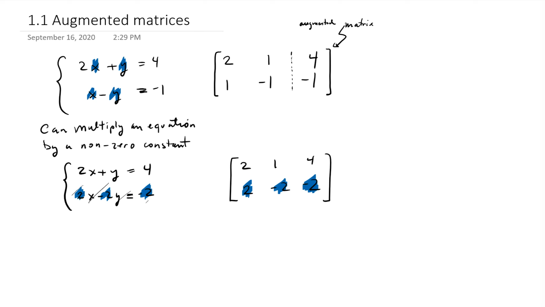But if I multiply it by a non-zero constant, it's not changing anything. The solution set stays the same because the solution set of that equation stays the same. So to say that we have multiplied equation 2 by 2, I will write next to my augmented matrix that the second row, so R2, R is for row, has been multiplied by 2.